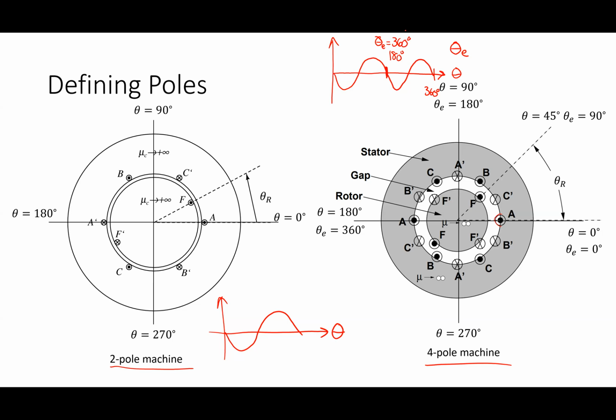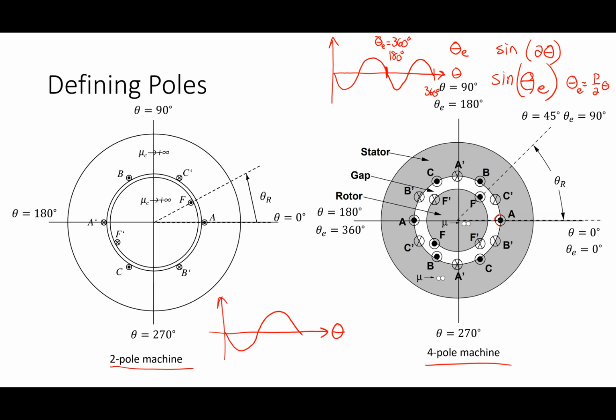So in this particular case, you would say that this is sine of 2 theta, right? So the other way of looking at this is to say that this is sine of theta E, where theta E is always equal to P over 2 times theta.